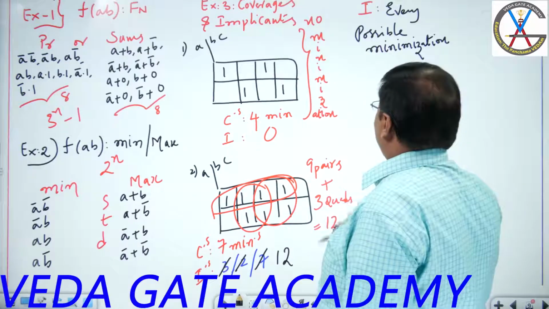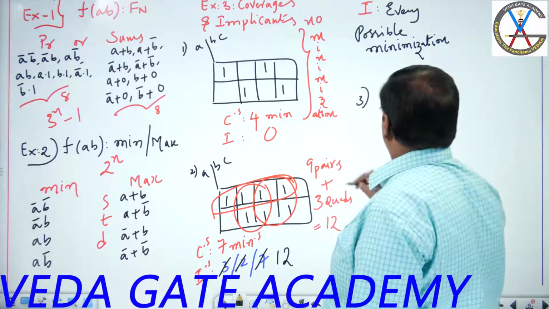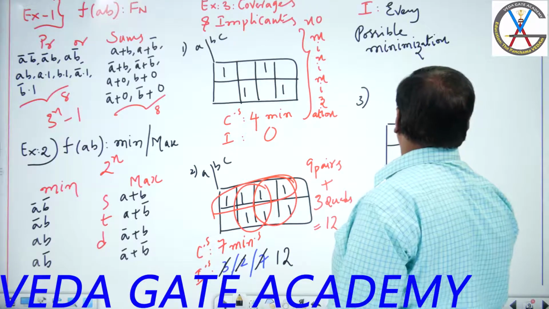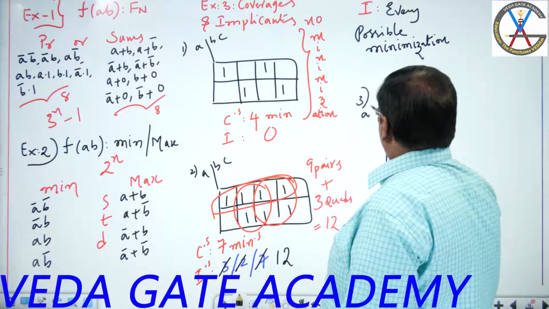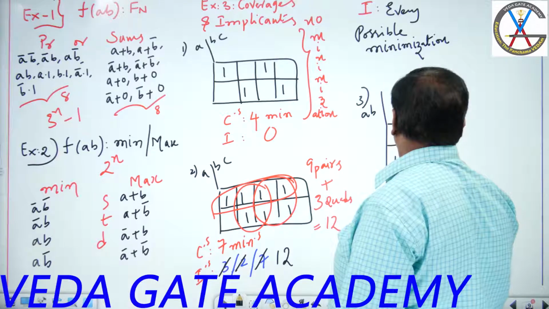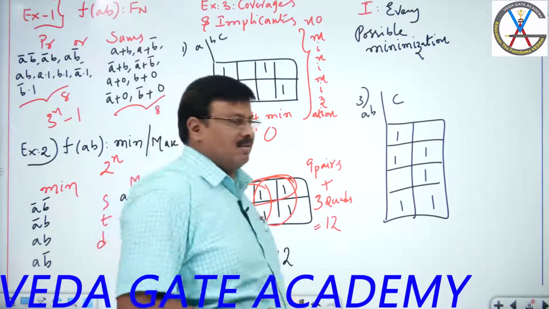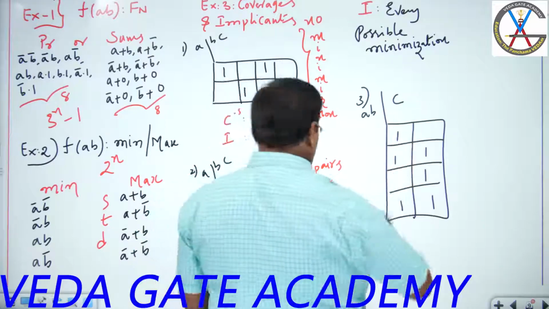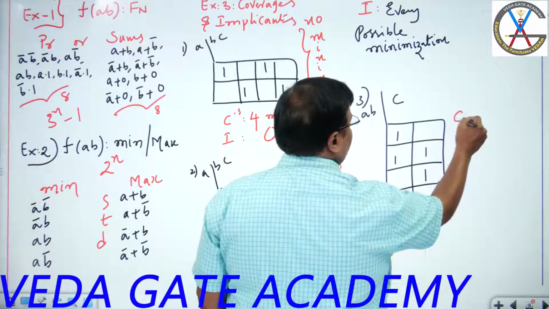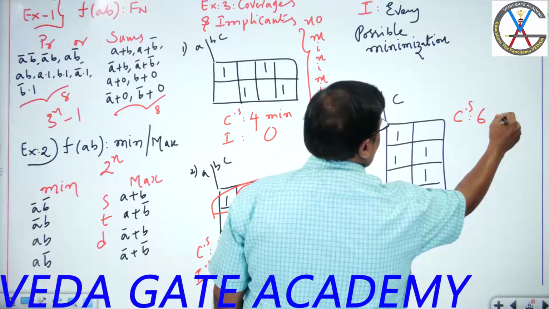Let me take the next slide. So one more example will go with implicants. So third table. ABC. Yeah. So how many are the implicants in this? Just try to guess. How many are the coverages? 6 minterms.